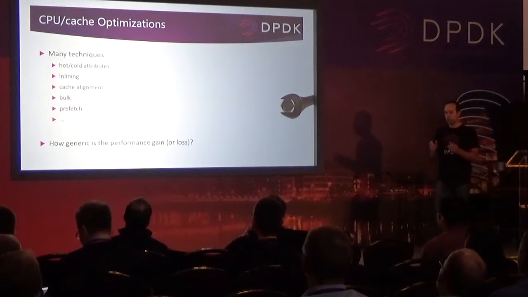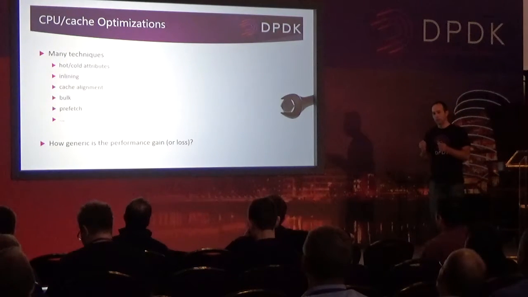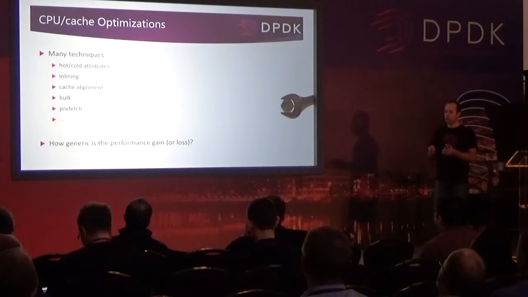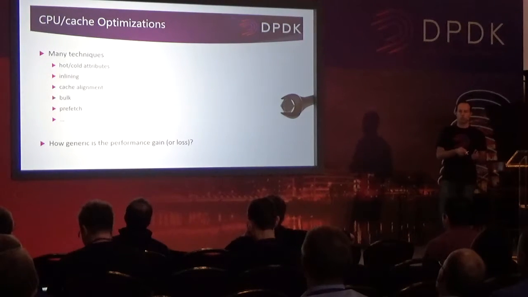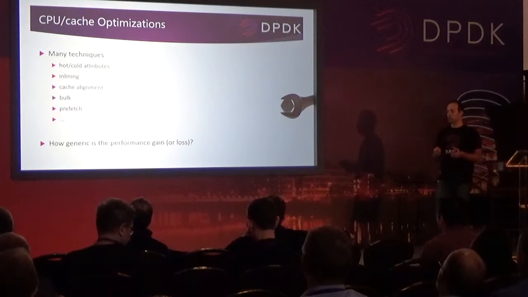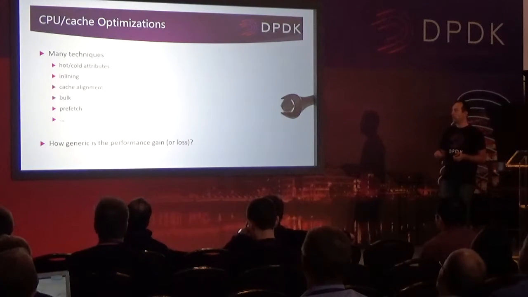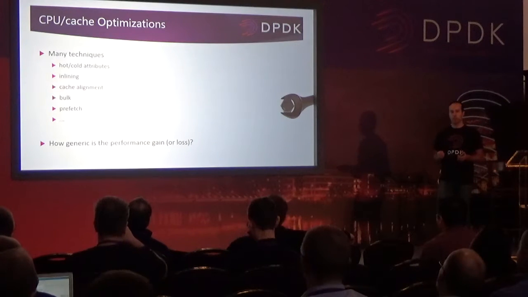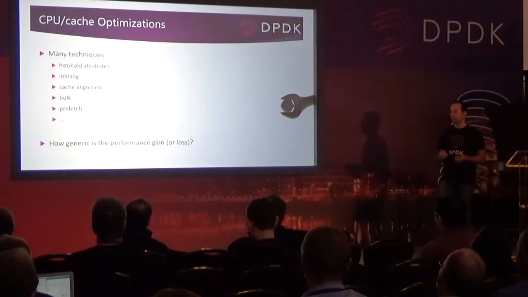And we can do this optimization when looking carefully at the machine code for one architecture. But then you have to look at this optimization with every architecture. So now the question we should ask: is it generic enough to do this kind of micro-optimization?